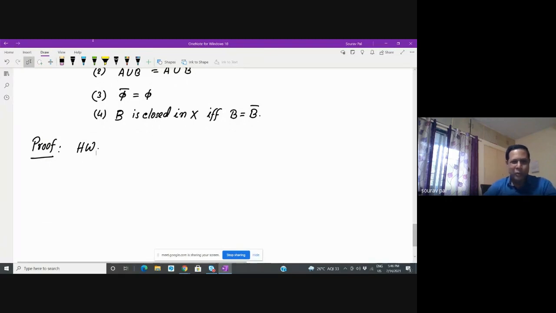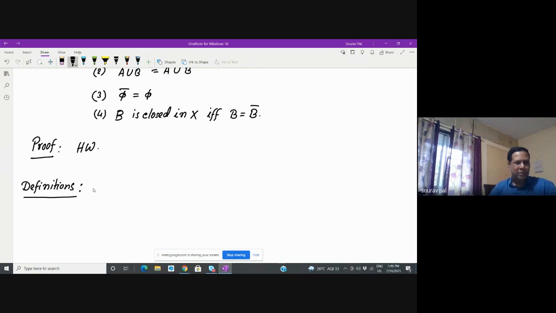Now I am coming to the point of defining interior point and limit point, where it will coincide with your prior knowledge.